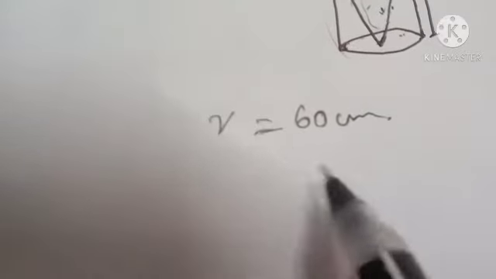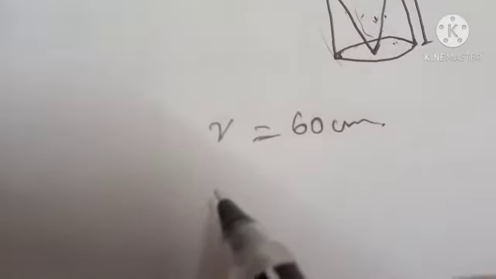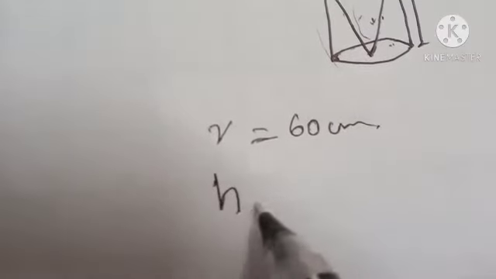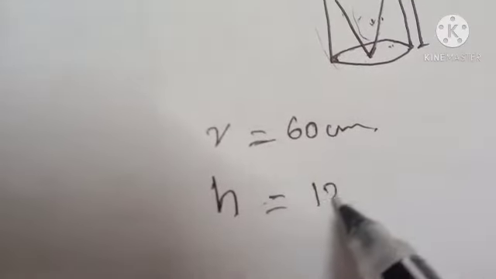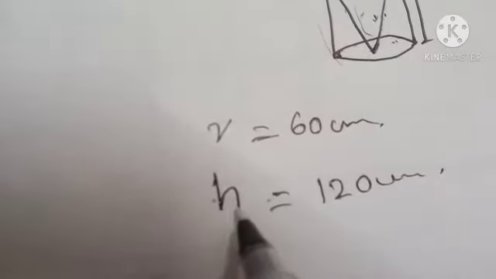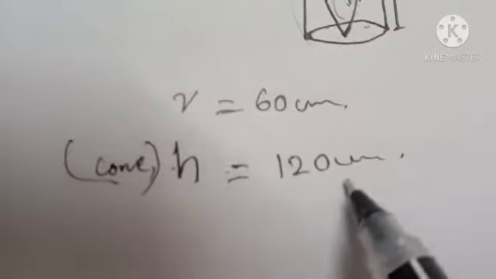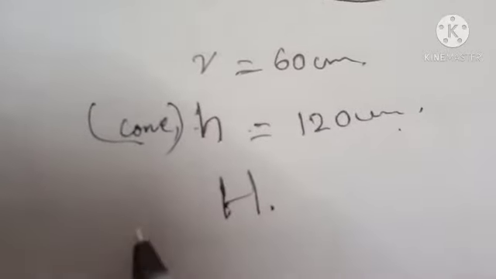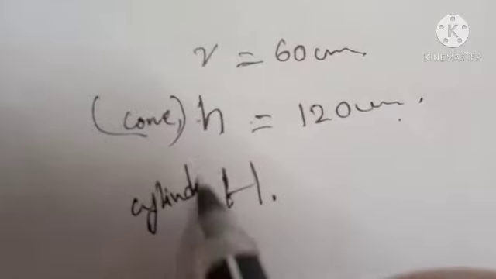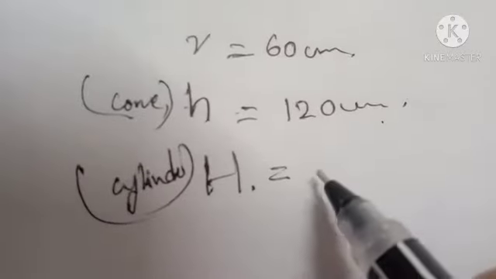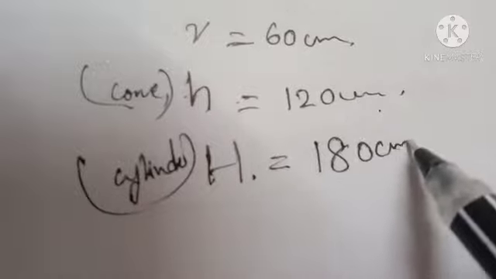So we can write the values first. Radius is common for cone, cylinder and hemisphere, so we write small r equal to 60 centimeter. The height of the cone we mention by small h, h equal to 120 centimeter. The height of the cylinder we mention by capital H, which is 180 centimeter.